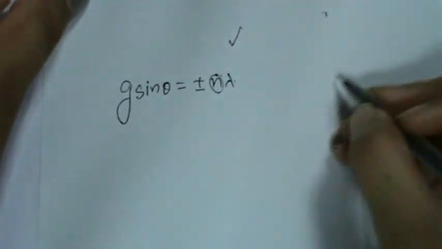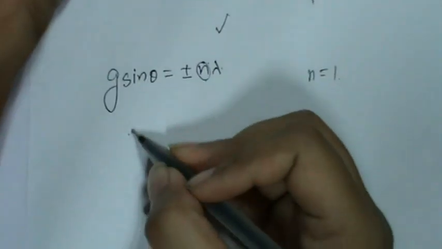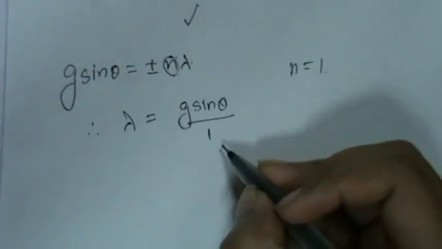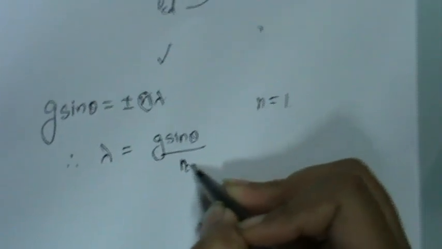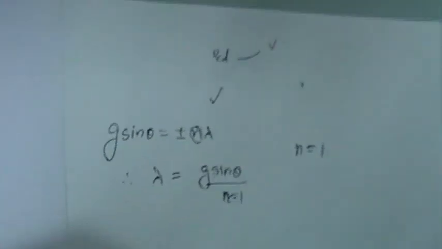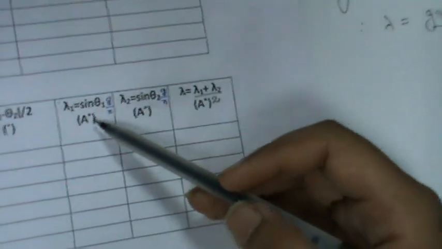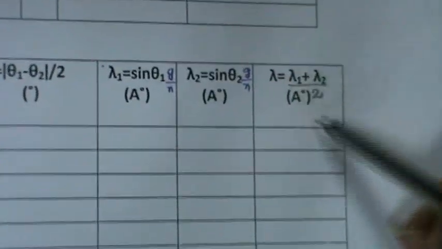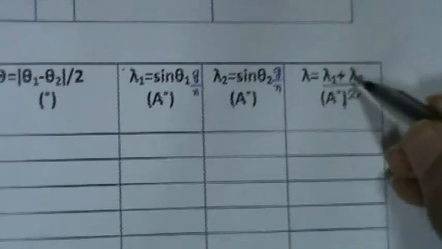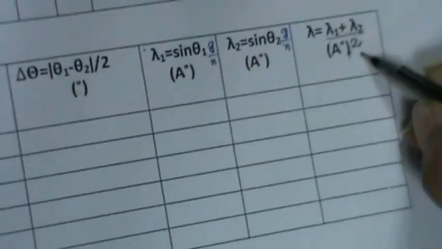Here n is the order of diffraction, and what we are seeing is the first order, so n equals 1. This gives the formula for lambda, that is G sin theta by n. That is what we use for the individual wavelengths, lambda 1, lambda 2, and then we calculate the average, lambda 1 plus lambda 2 divided by 2.